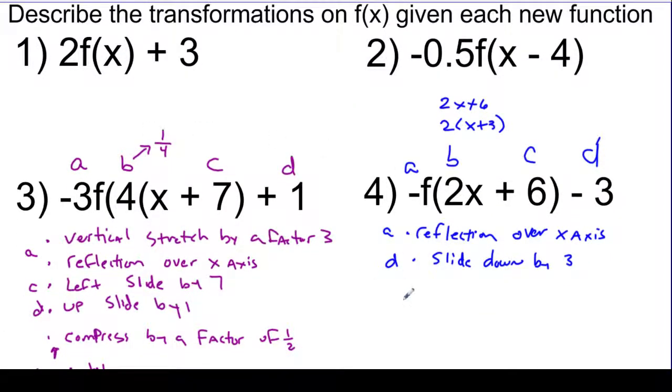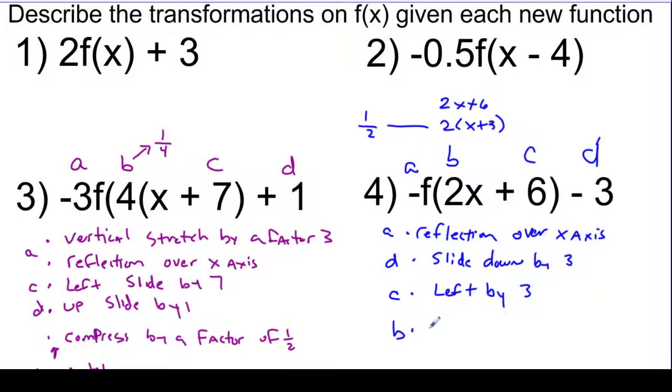So now let's talk about C. C is actually going to be a -3 value because I'm going to look at this one, not the unfactored form. So that's going to be a left by 3, not by 6. That's a spot where a lot of people make mistakes. B, again, I'm not going to look at the 2. I'm going to say this is really 1/2 in its reciprocal form.